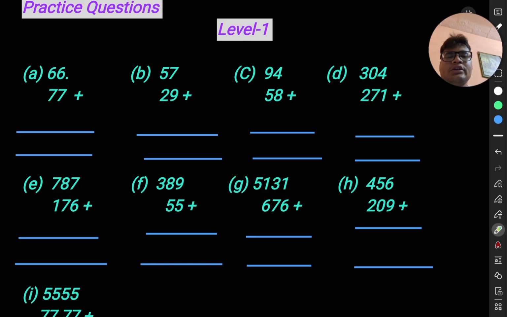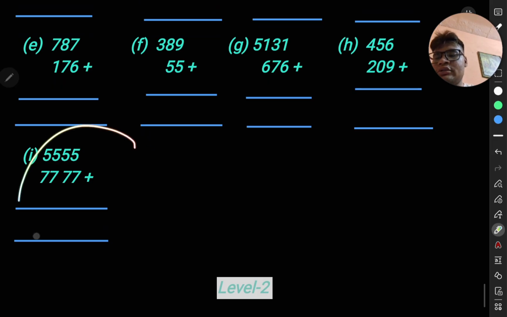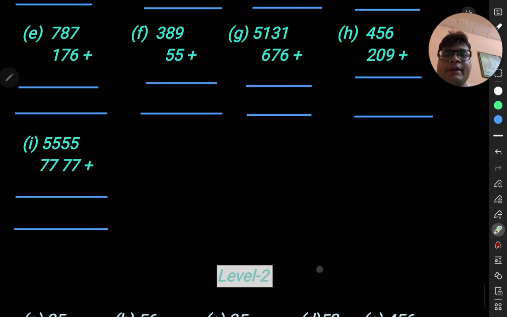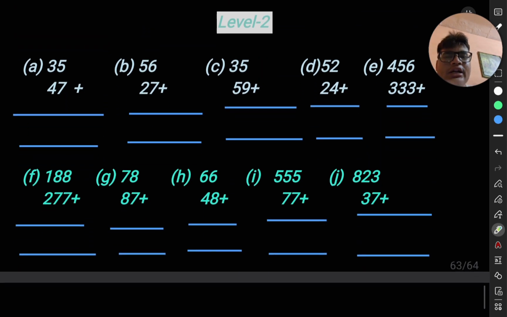Now we move on to the level 2 questions. You have to solve these, and you will be able to solve all the questions in your mind.